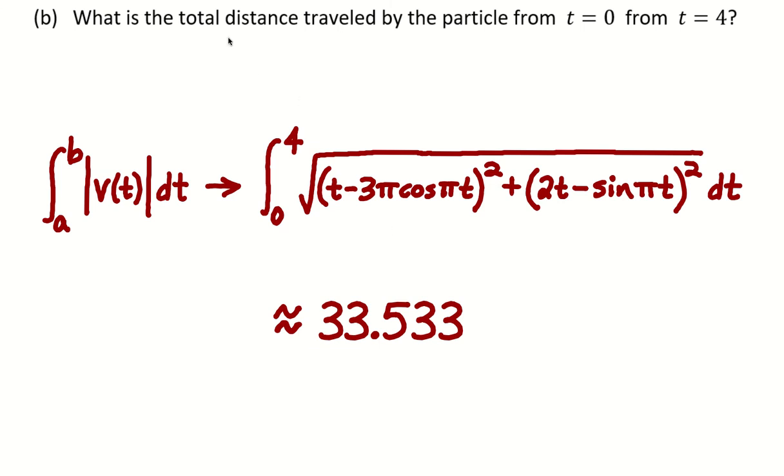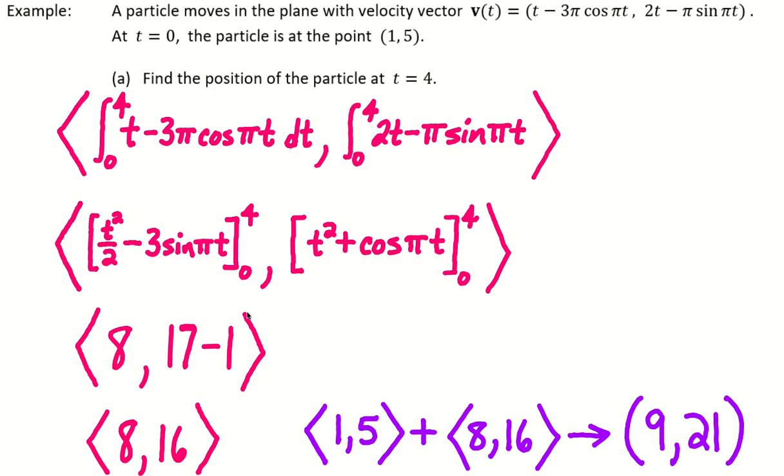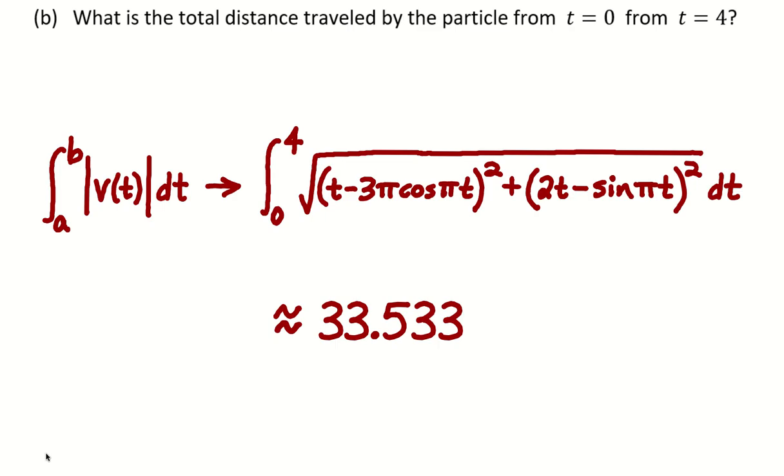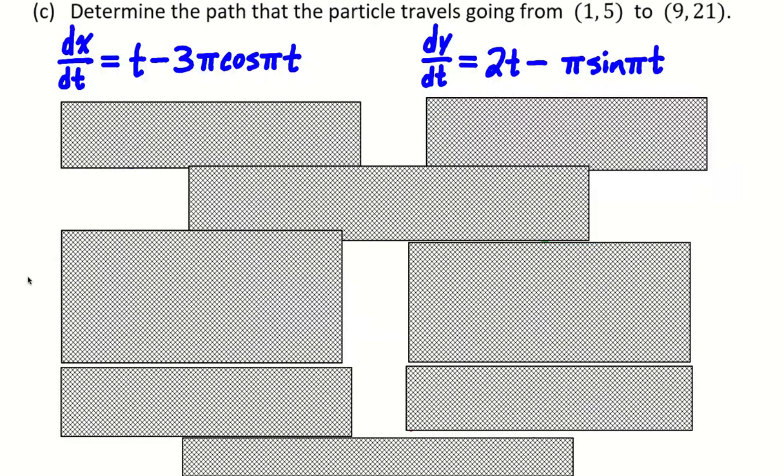They were literally asking for the total distance. Just like back here, if they were literally asking for the displacement, this would have been your answer based on this little formula. But pretty straightforward. Okay, we can do this.